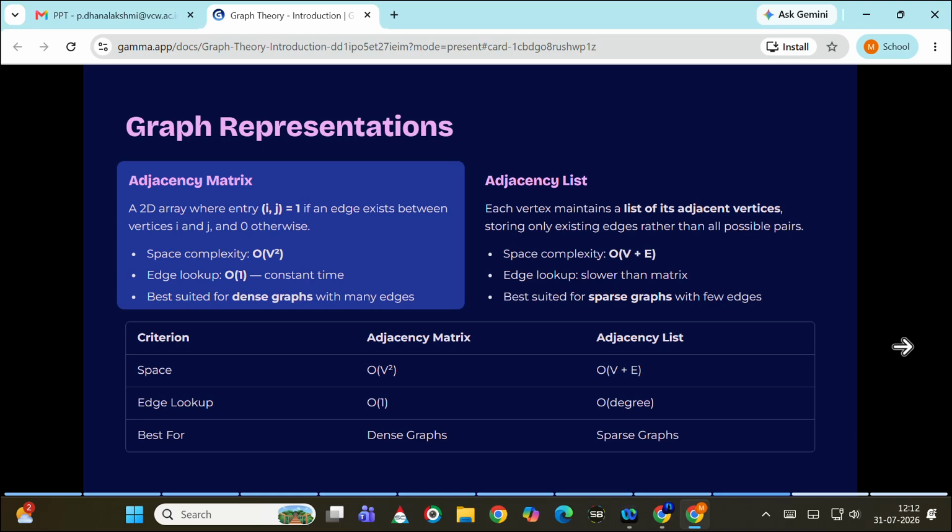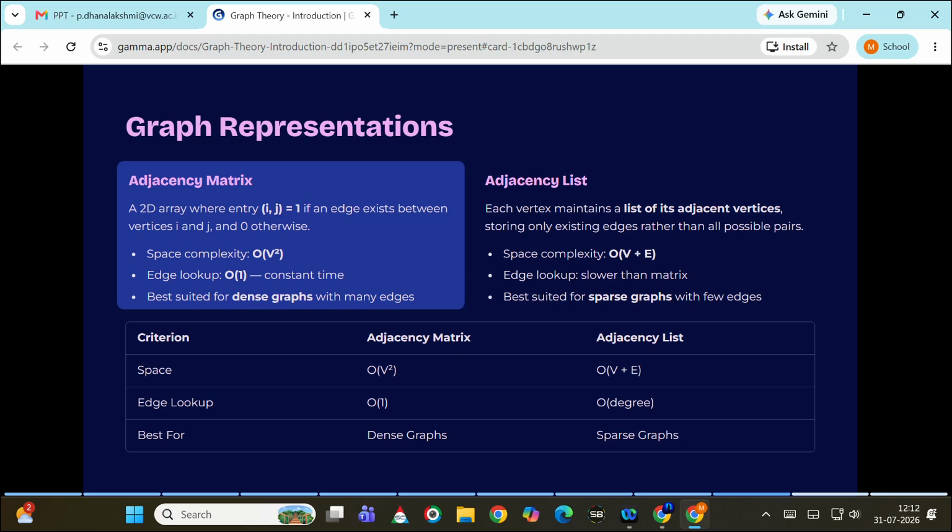Graph representations. Adjacency matrix. A 2D array where entry (i, j) equals 1 if an edge exists between vertices i and j and 0 otherwise. Space complexity O of V squared. Edge lookup, constant time. Best suited for dense graphs with many edges.